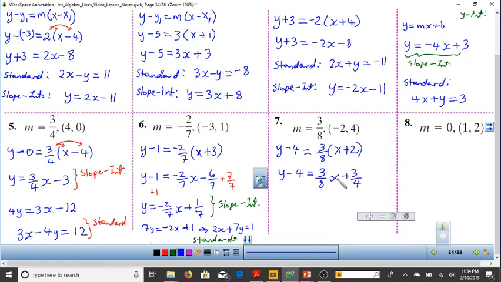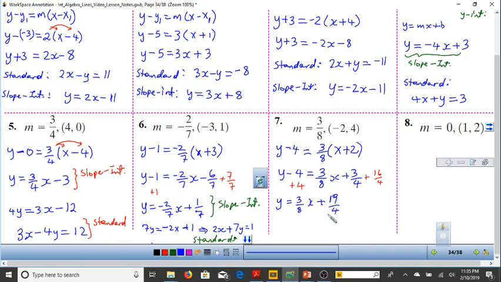Multiply 2 by 3/8, the 2 and the 8 cancel, leaving 4 in the denominator. If I add 4 to both sides, that's the same thing as adding 16 over 4 to the right side. And so we end up with y equals 3/8 x plus 19 over 4.